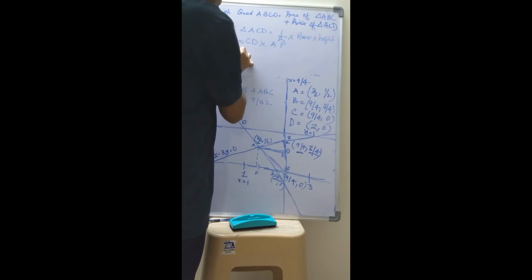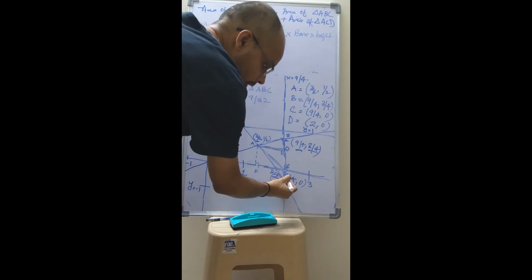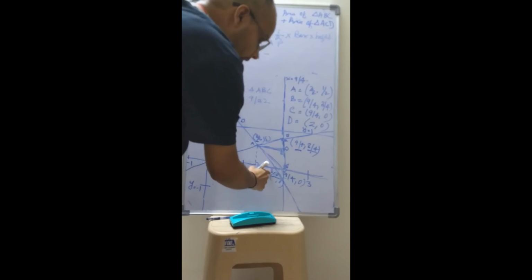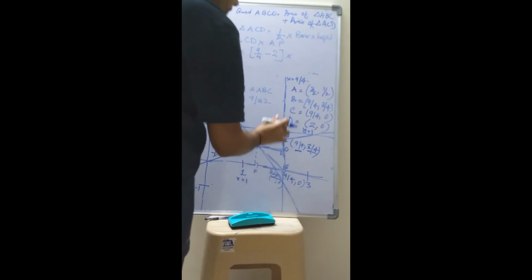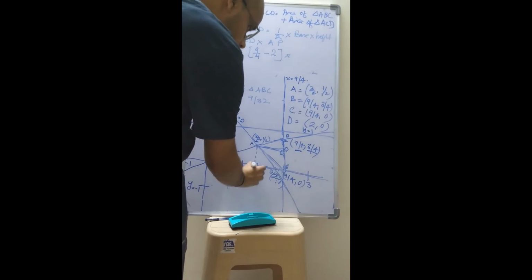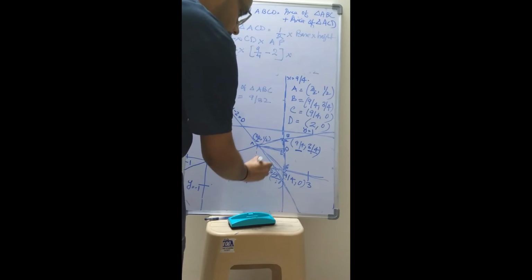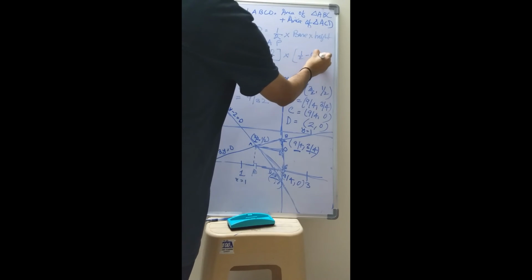What is the value of CD? At point C, x is equal to 9 by 4, minus at point D, x is equal to 2. That is the length. And what is the height? AP. At A, y is half, and at P, y is 0, so half minus 0.